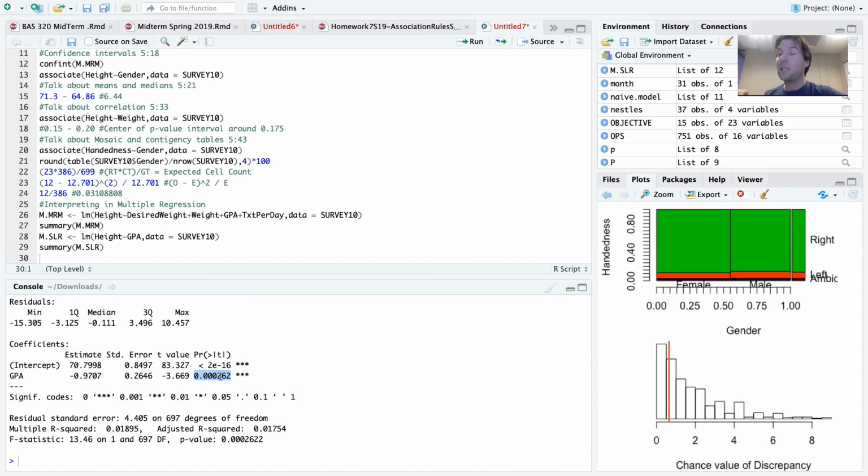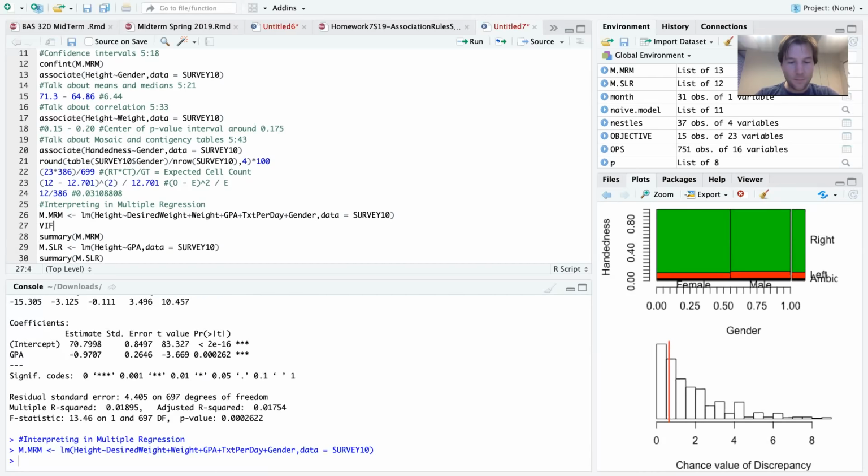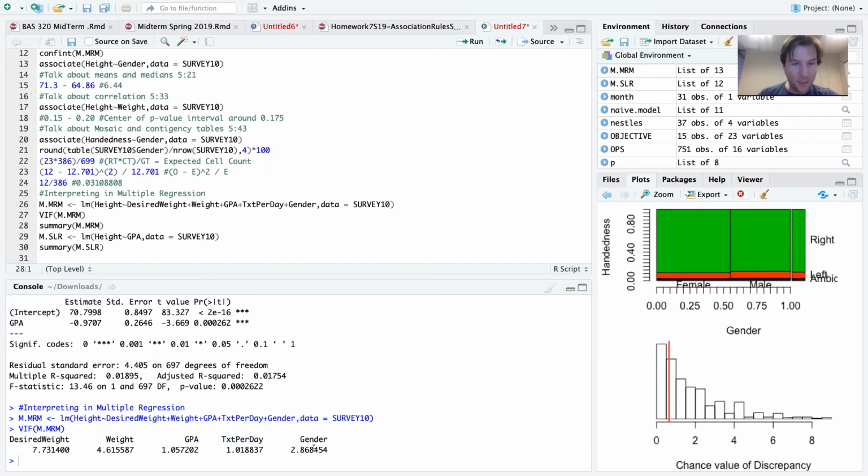So what does that mean? GPA by itself has information, but what do you think that information is kind of intertwined in? That information is kind of intertwined in gender. And you know what? Gender is also, if you look here, look at the variance inflation that went up.